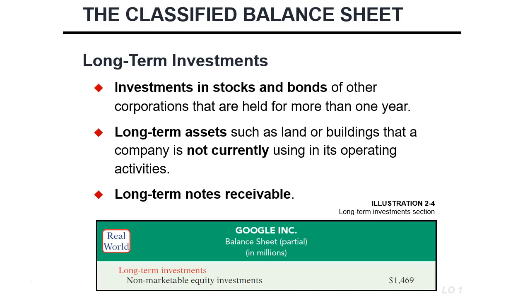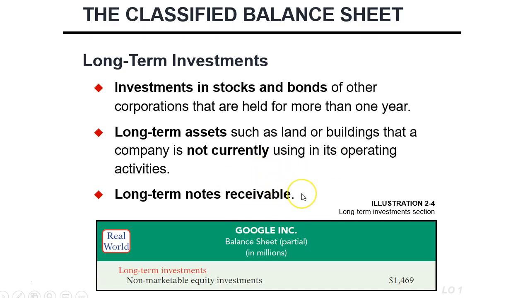That qualifies as being a long-term asset. The key is the land or building cannot be used for operations, because if so, they go under a different category. So this is when we acquire land or building with the intent to sell them at a later date because we feel that their value is going to appreciate.